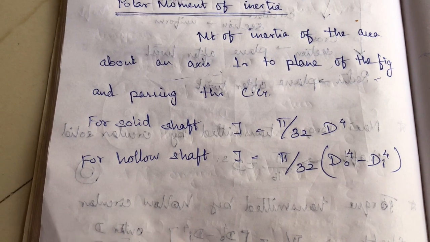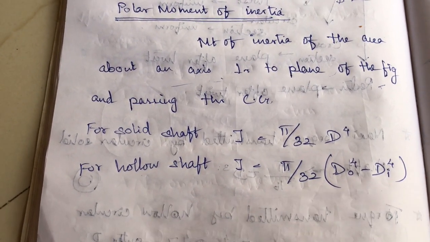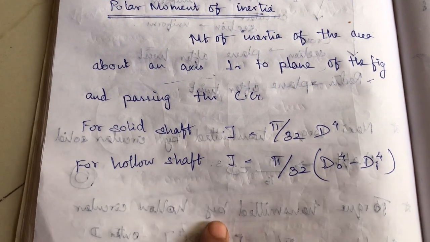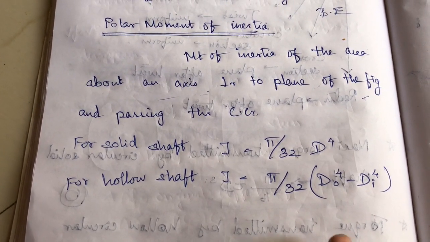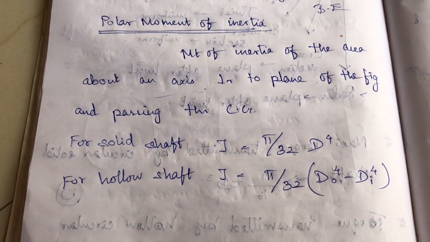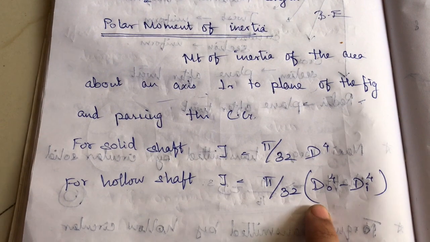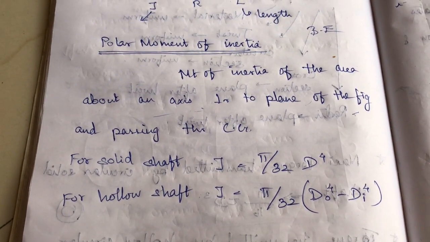Solid means only one d is included. For a hollow shaft, J will be pi by 32 into d naught power 4 minus di power 4, that is, diameter outer and diameter inner. So this is the formula for solid shaft and hollow shaft.